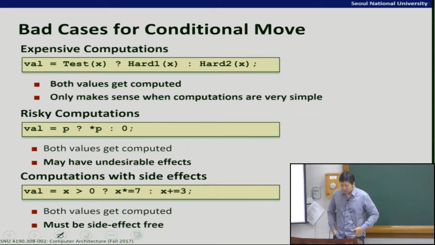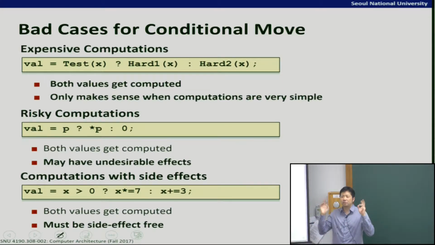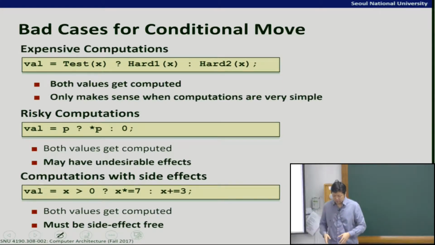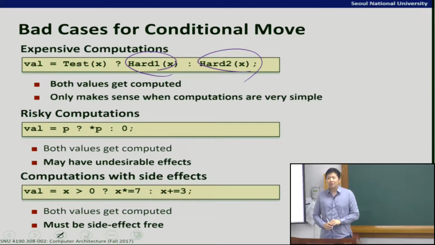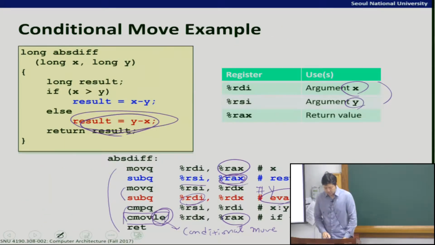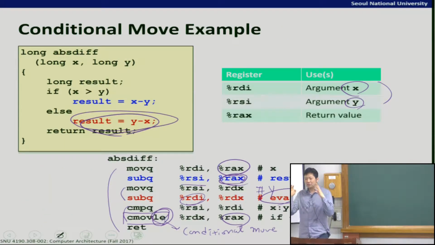But there are some caveats, some cautions you have to take before you use this conditional move. When can conditional move be effective and when not? There are some bad cases. The first case is when both expressions are very complex. In the previous example, regardless of the condition, we compute the return value for both then and else.